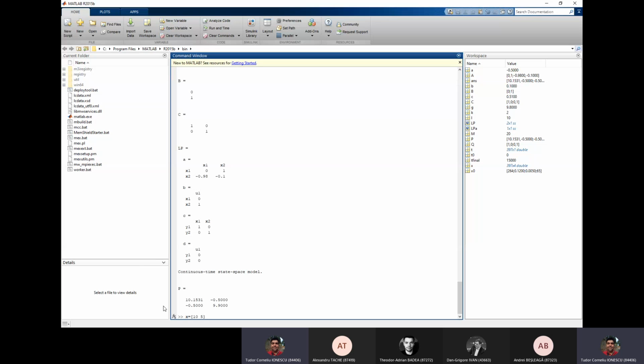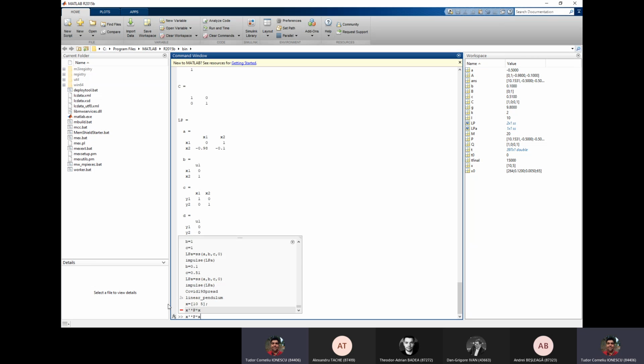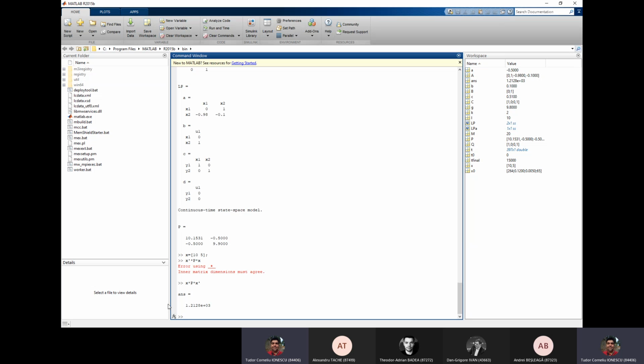Yes. Fine. Now you just take an X and you make X transpose P X. Oh, no, this is wrong, because this is a line and the other one is a column. You see? It's a positive number, right?